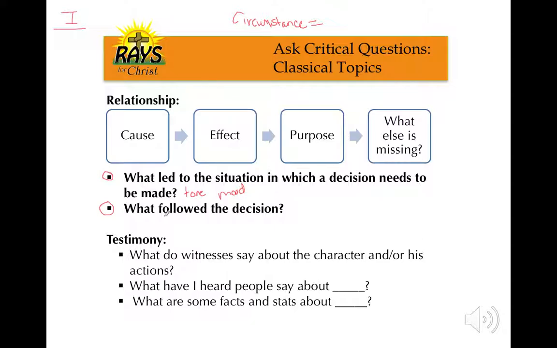And then what followed that decision? So, obviously, what followed the decision of the old man allowing the narrator to live there, or what followed the decision that the narrator made in becoming so upset with this man's eye? And that's pretty symbolic, I would think. Maybe that's the situation that I want to address, the eye and how it's described as a vulture eye.